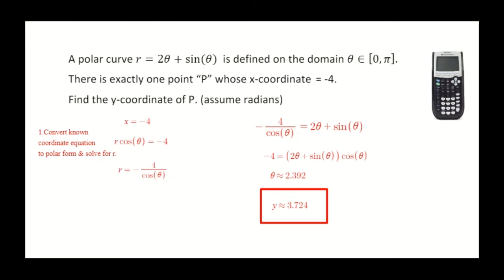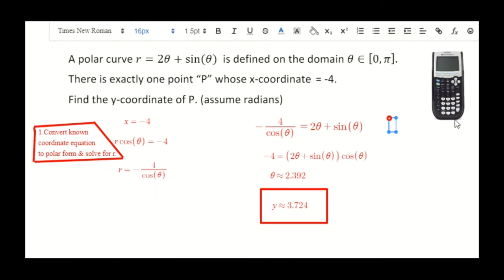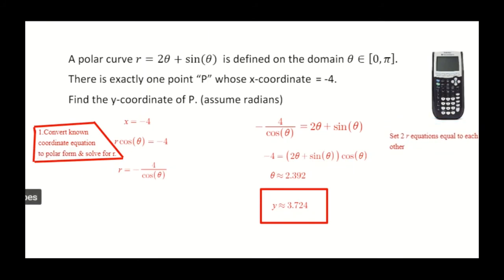Okay, let me just kind of highlight this real quick. Okay, step two is we set the two r equations equal to each other. Now, we didn't really have to do this next step where I moved the cosine theta over.